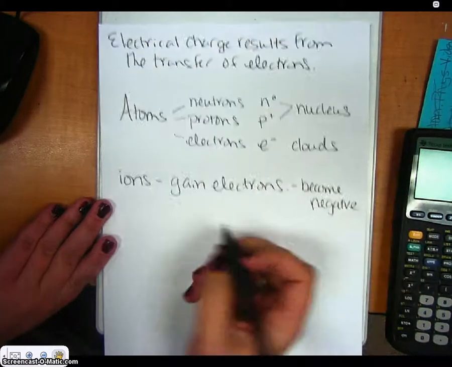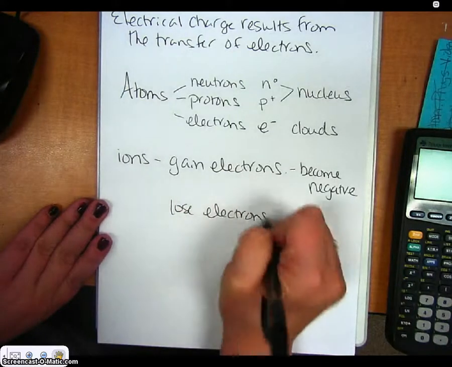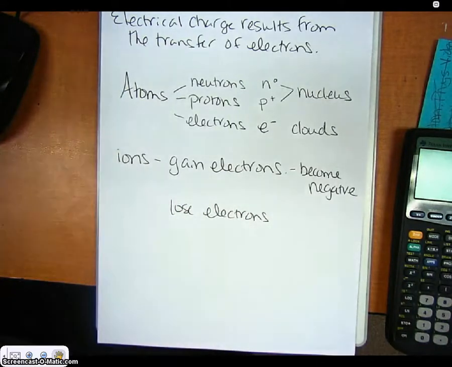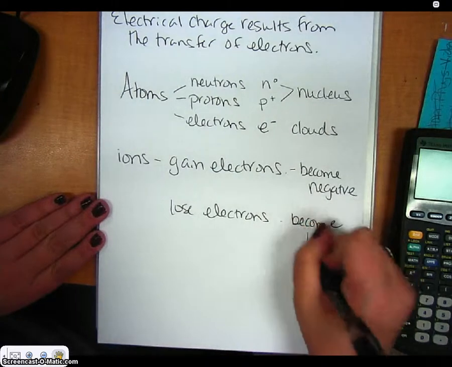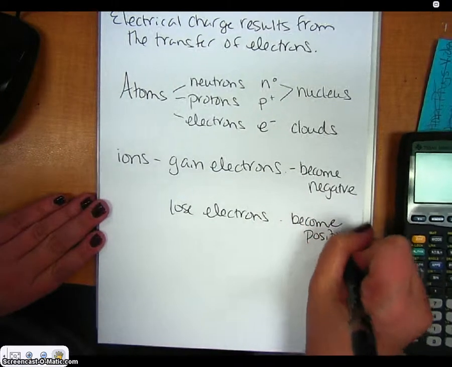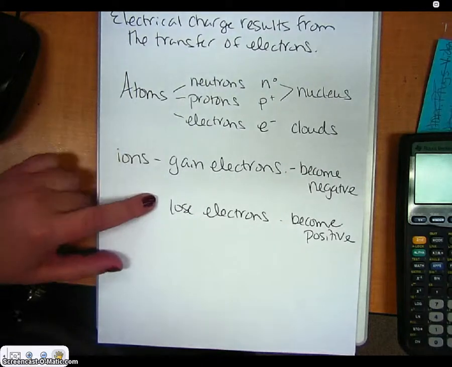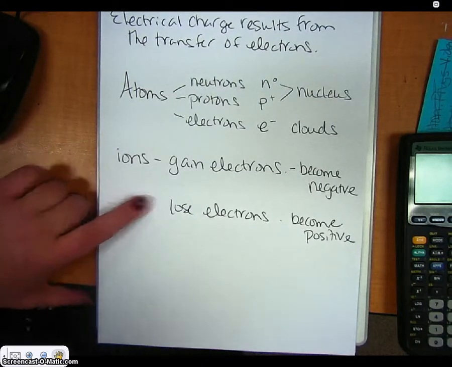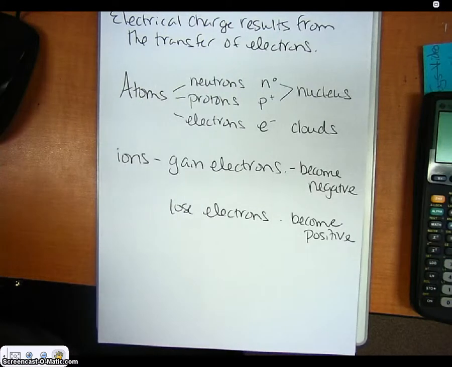And if you lose electrons, now you're going to have more protons than electrons making up that matter. So you actually become positive, which sometimes isn't very intuitive because you're gaining something but you're becoming negative, and you're losing something and you're becoming positive. But remember that what you're gaining or losing is a negatively charged object, right?